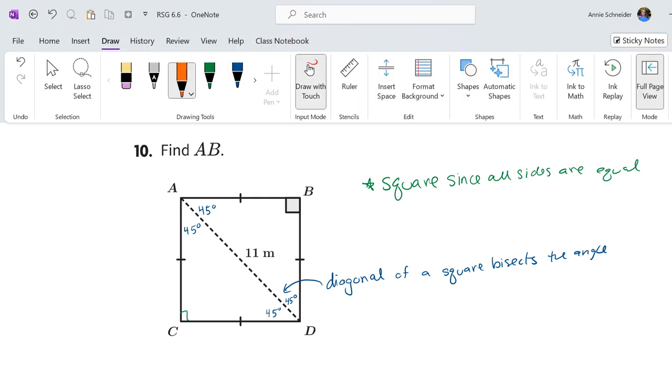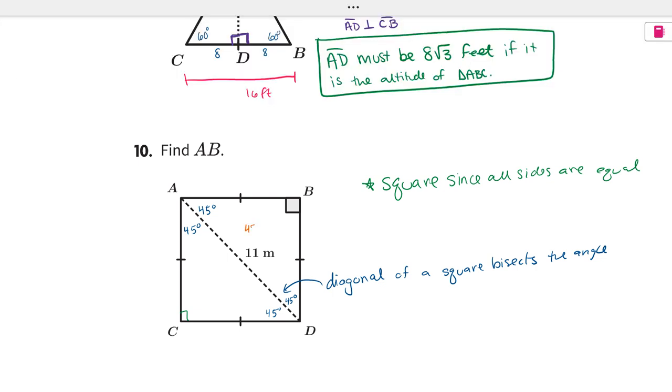Well, what we really have here is a 45, 45, 90 triangle. So that's sort of what we've created with this diagonal. So that means because we have this 45, 45, 90 triangle, that this side length AB must be this 11 meters divided by square root 2.